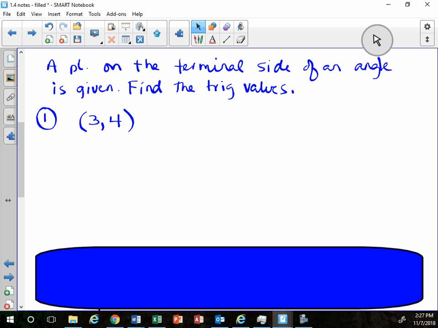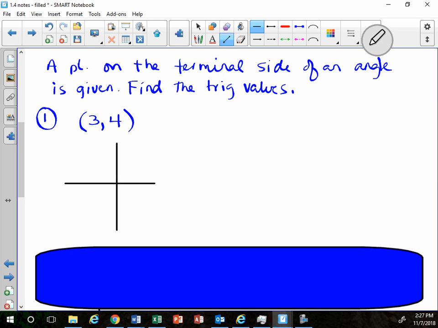Find the trig values. Just write it down and I will explain. But I know if you're writing and I'm talking, you're not listening to a word.